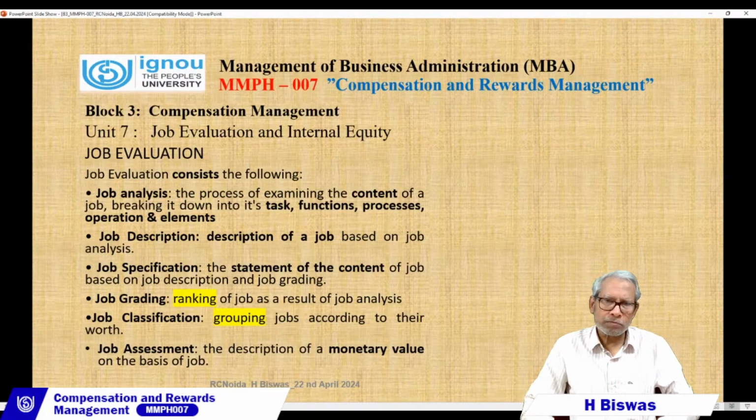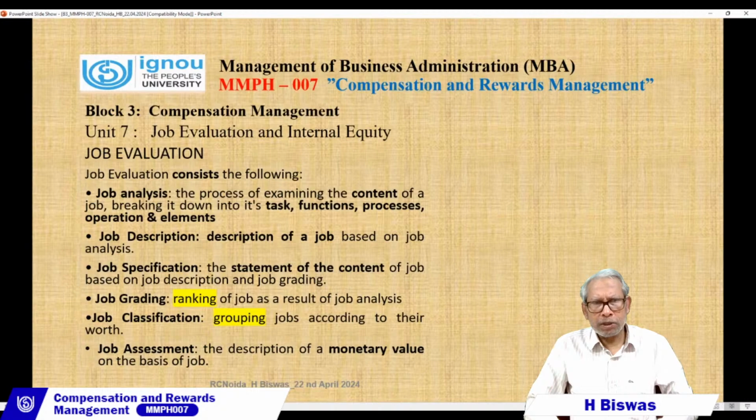Job evaluation is the process of examining the content of a job, breaking it down into the tasks, functions, processes, operations, and their limits. That is the content of the analysis, or you can say the components of the job analysis. If we see, what are the components, what are the functions basically: processes within the operation, events, tasks and functions.